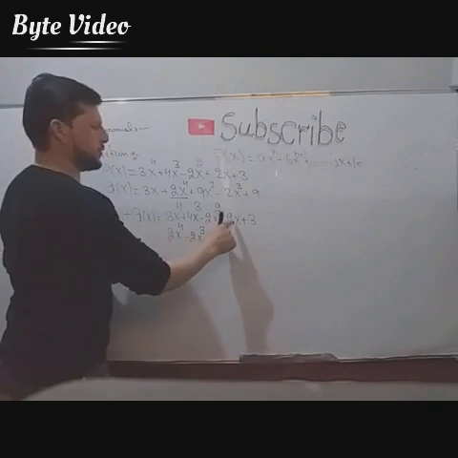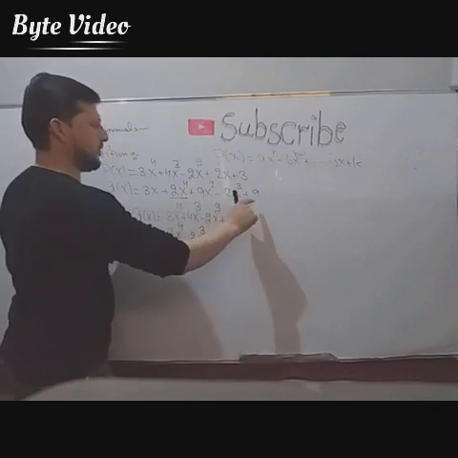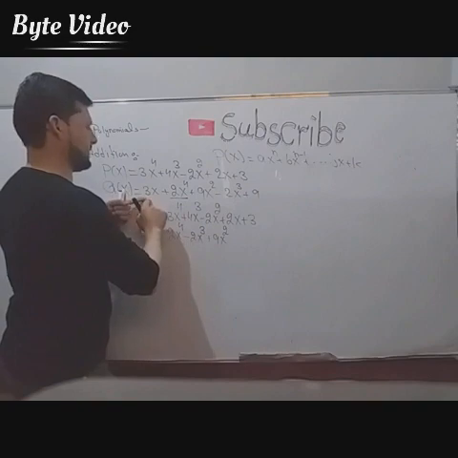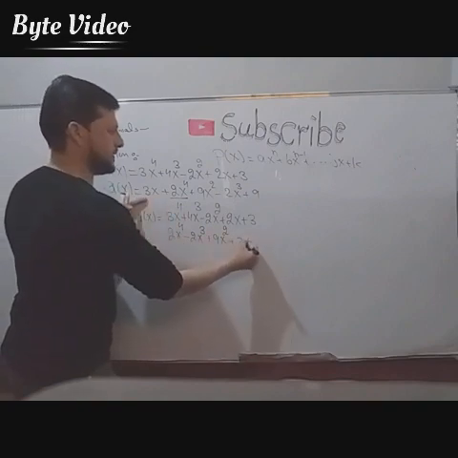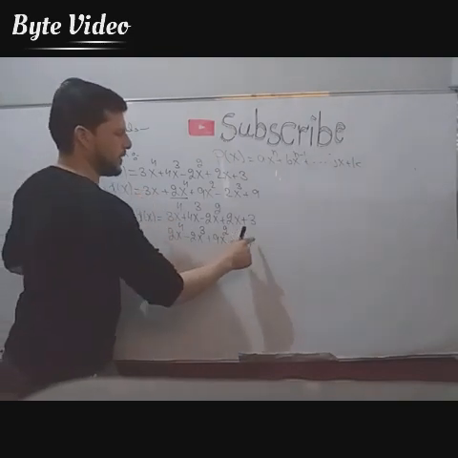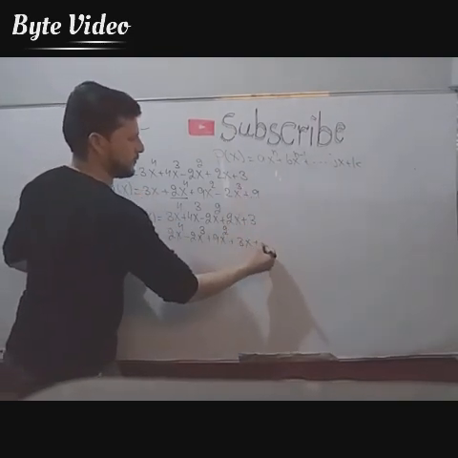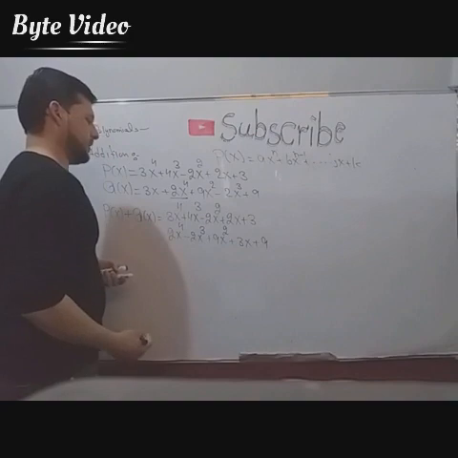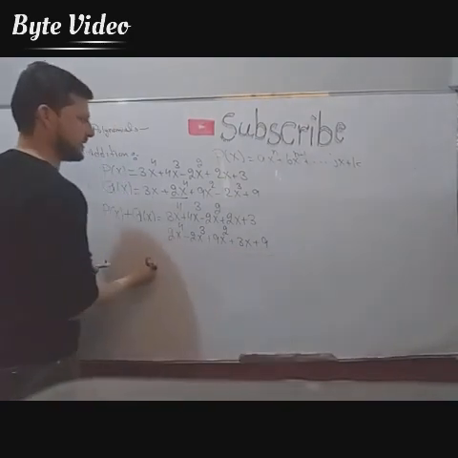Do you have a term for the x variable? Yes, I have. Where is that? 3x. Very good, positive 3x. The number that doesn't show a sign is positive. So at last you have to write positive 9.